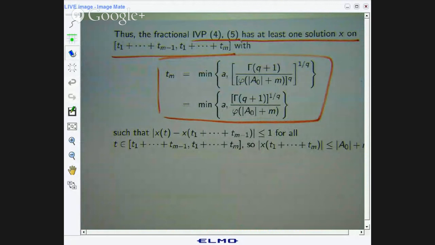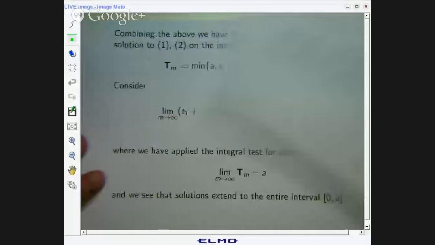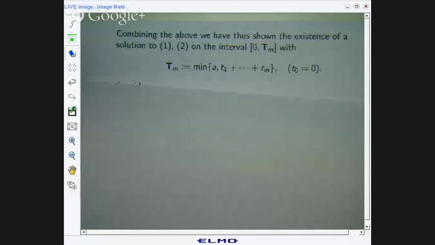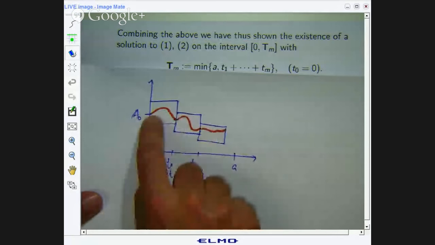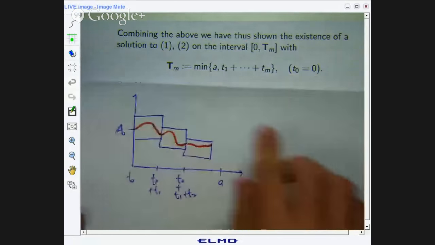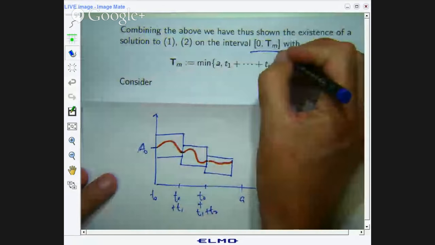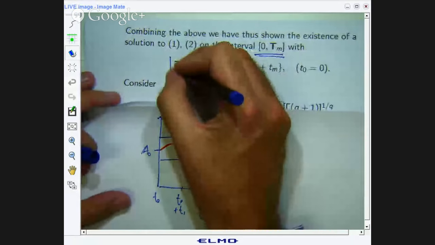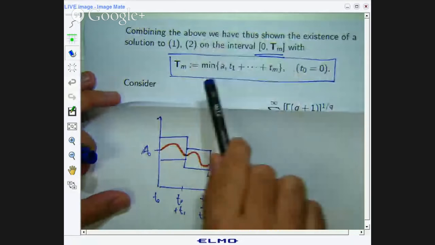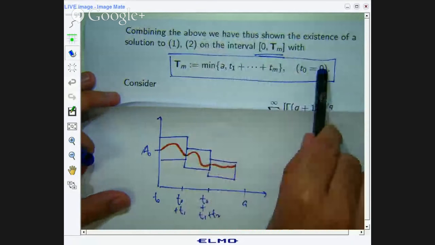All right, so we're making progress here. It's a little bit slow and a little bit repetitive, but we're making progress. But now here comes the good part where we can get onto the divergence of an infinite series. So what we've done here is we have shown, if we continue this little extension process in the rectangles, the existence of a solution to the original problem, 1, 2, on this interval where T sub m is the minimum of A and this sum here, and T0 is of course 0.